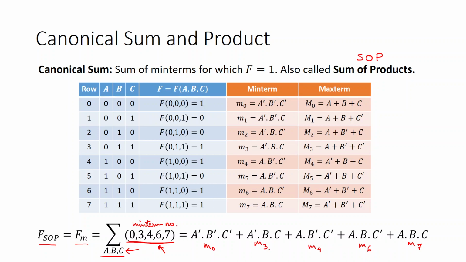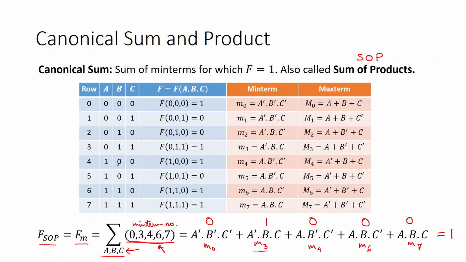See here, if you have a sequence corresponding to 3, that is 0 1 1, then this will be 0, this will be 0, this will be 0, this will be 0, of course, but this will become 1. The particular min term for that sequence will become 1, and the entire output becomes 1.